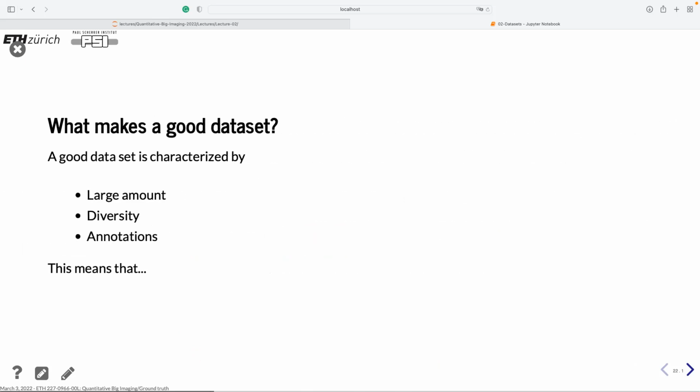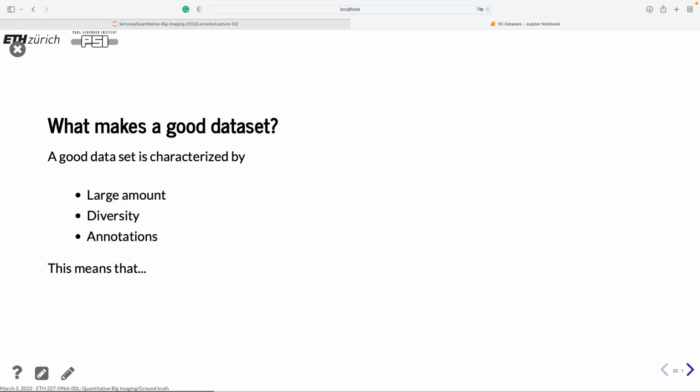So what is now a good data set? I've been saying all the time, good data set, good data set. First of all, mostly a good data set is large. Many of these methods need a lot of data to make sure that you're actually doing the right thing. You need the amounts of data to get the statistics. The other thing is diversity.